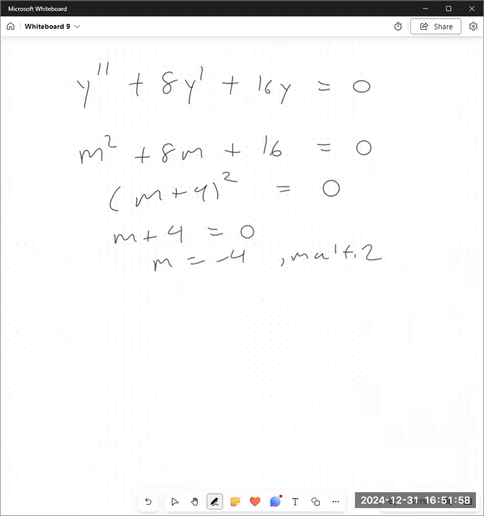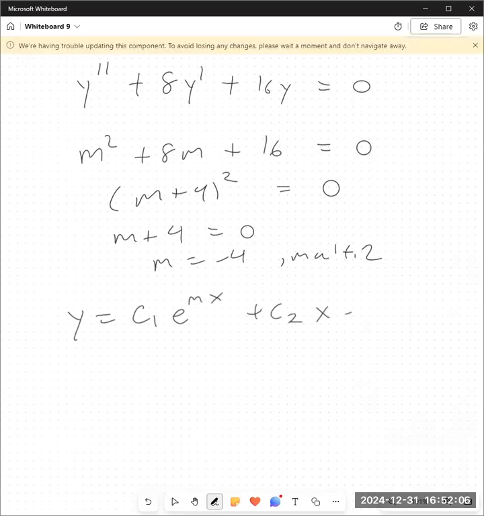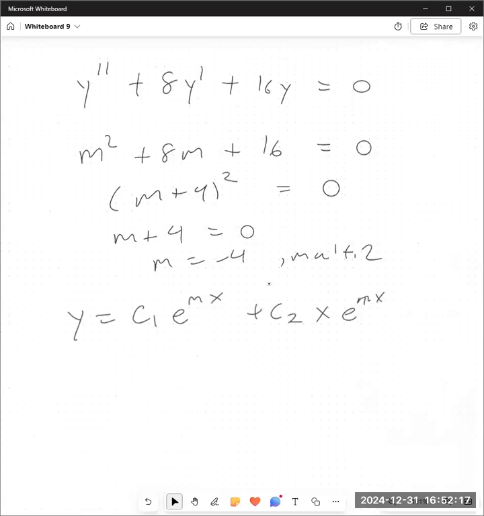So that's going to look like y equals c1 e to the mx plus c2x e to the mx. And I keep going with powers of x here, multiplying each term by x until I'm 1 degree less on x than my multiplicity, so that I have all of these solutions accounted for.